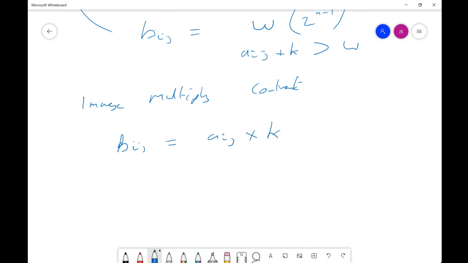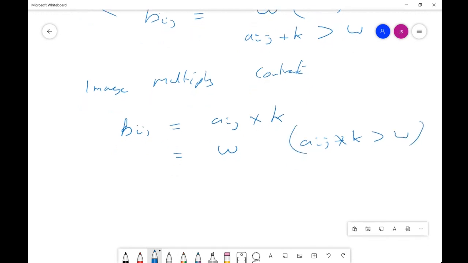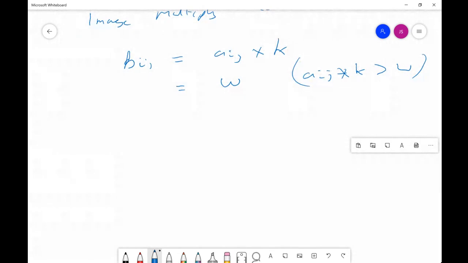You're doing a multiply rather than an addition. And of course, it also clips, equals W if Aij times k is greater than W. So it clips at W. And those are two simple operations, but coming together, they can give you image normalization.